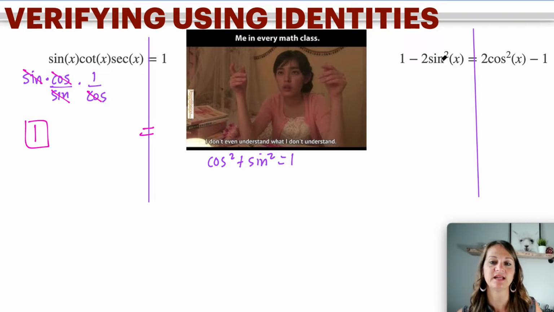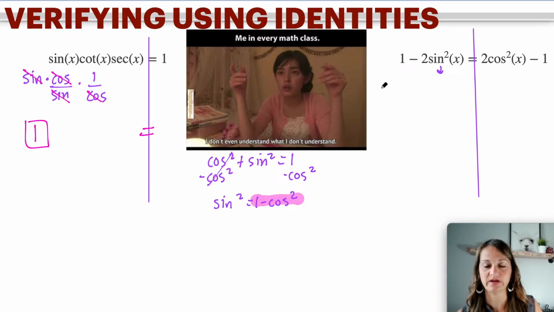So if I need to get sine squared to look like cosine squared, that means I need to subtract cosine squared on both sides. Now that sine squared equals this, I'm going to substitute, instead of sine squared, what it is.